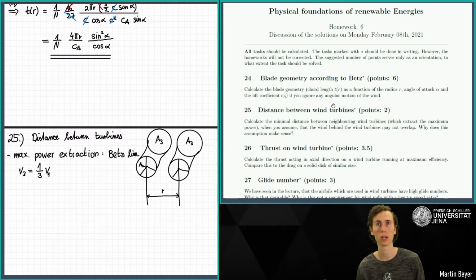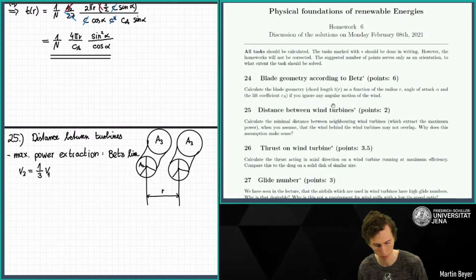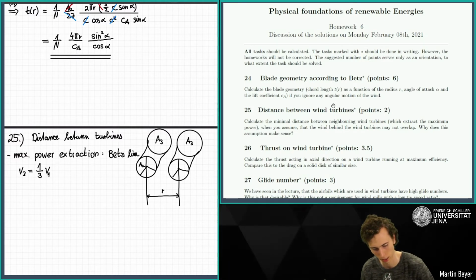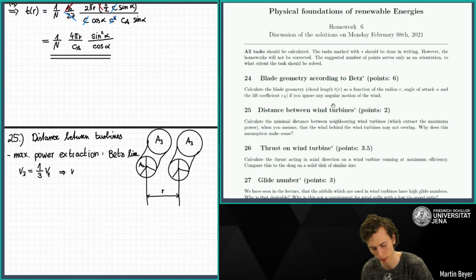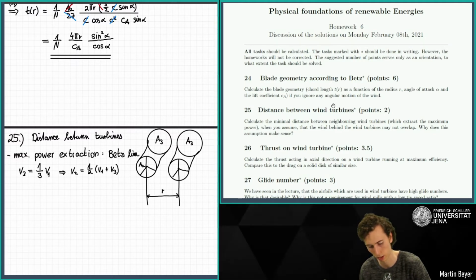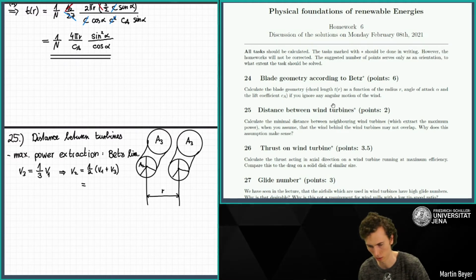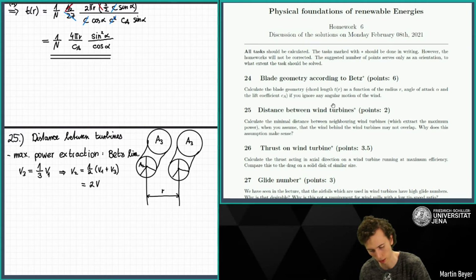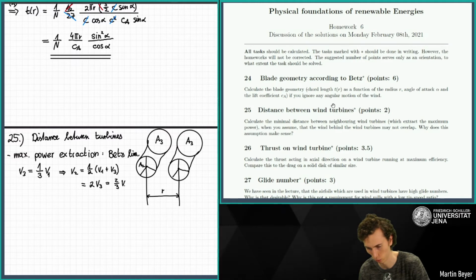This is some relation that we already used in exercise number 24. And here again, using the Froude-Rankine theorem, I will write this down again. It's just the arithmetic mean of v1 and v3. So this is 2 times v3 or 2/3 of v1.